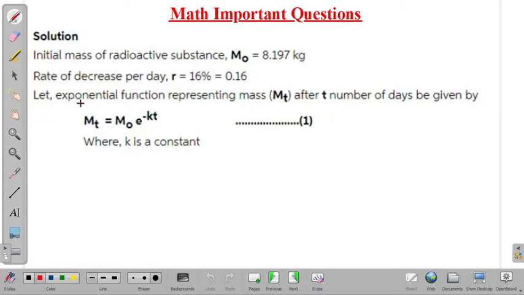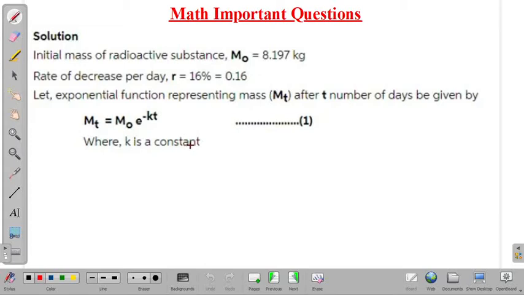We assume the decay function is M(t), which denotes the mass of the radioactive substance after t days. So M(t) equals m0 times e to the power minus k t, where k is a constant, also called the decay constant.